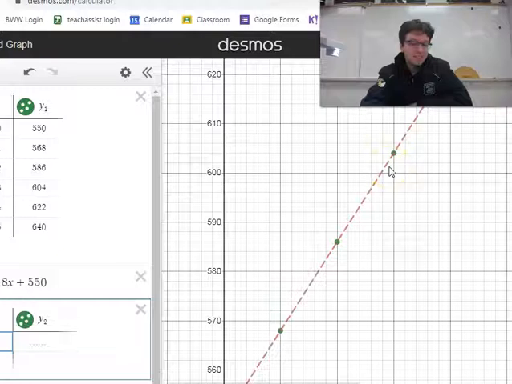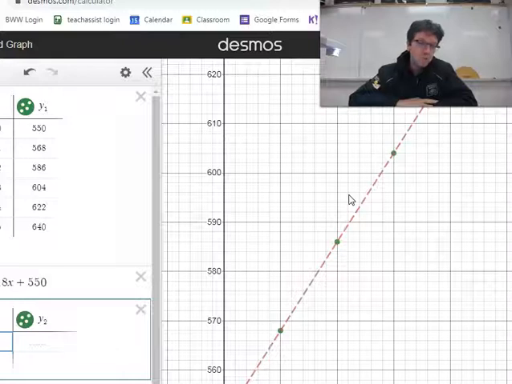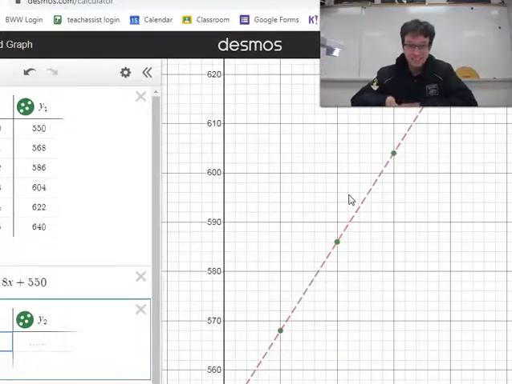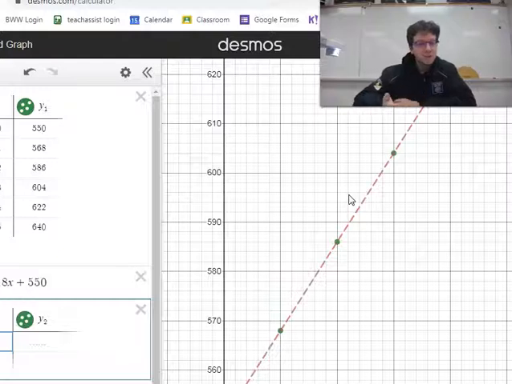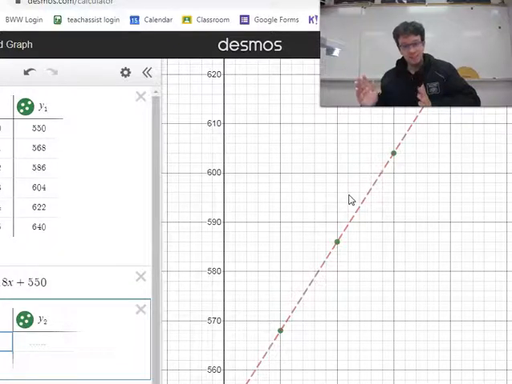So you might want to say it exists everywhere, but you really have to look at the context of the real world problem, because the real world problem says 0, 1 person, 2 people, 3 people. So would you really go up to the banquet hall and ask how much would it be if I had 2.687 people coming? That doesn't make sense. Why does it exist there? So in this case, where you have clearly discrete values, it's not really a continuous function.